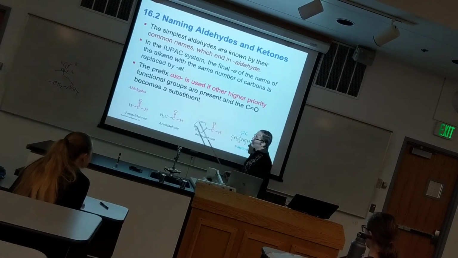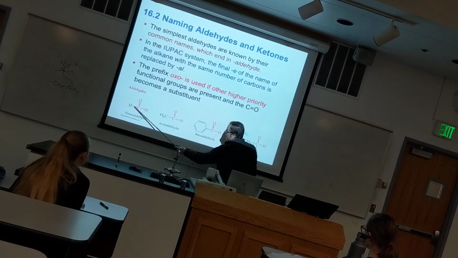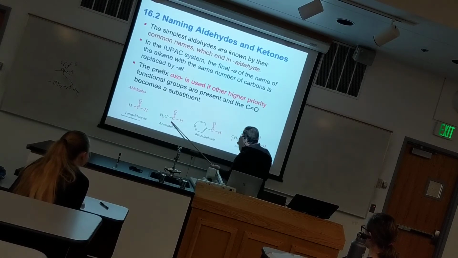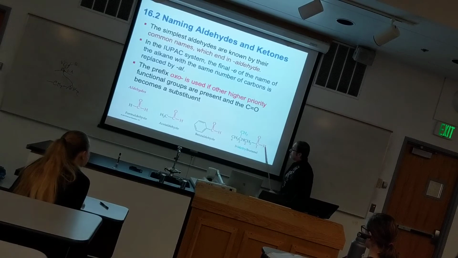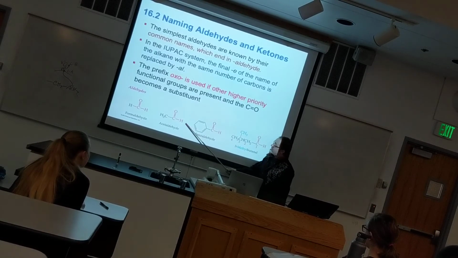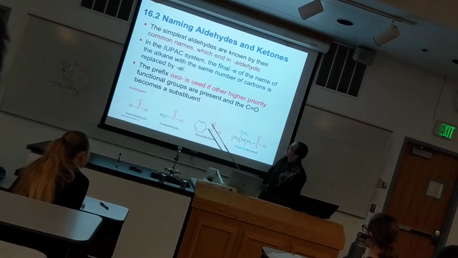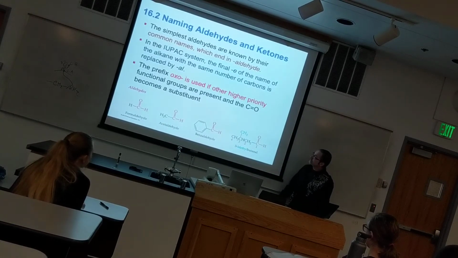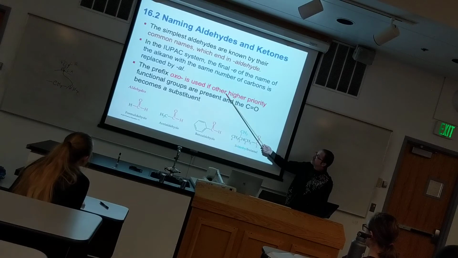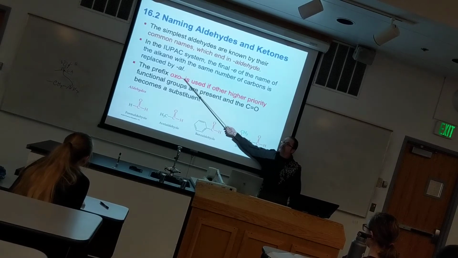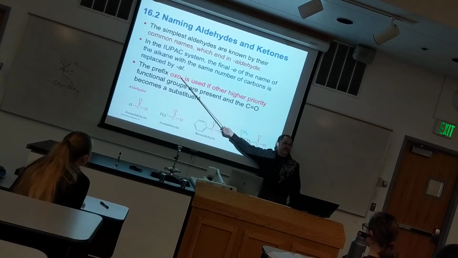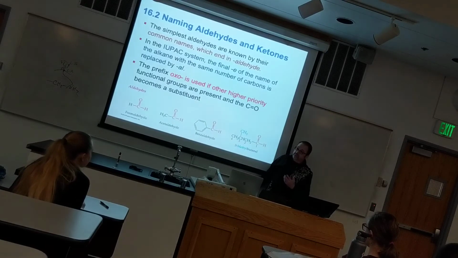Okay? So, for aldehydes, you'll see the formyl group, the acetyl group, and maybe a propionyl or butyryl group. We'll see. But I do know these are always there. Okay? And then, of course, if we have 2 carbonyls on there, we turn one into the oxo group for naming.